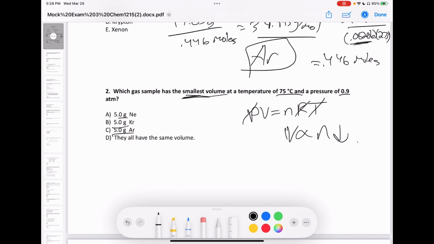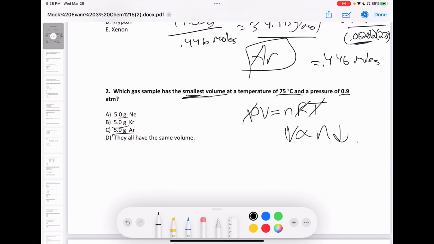If we look at the periodic table, neon's molar mass is 20.1 grams per mole. Krypton's is 83.79 grams per mole, and argon's is 39.948 grams per mole. So we expect the answer should be krypton because that should yield the least amount of moles. But we can just do the stoichiometry for all three of them just to make sure everything checks out.